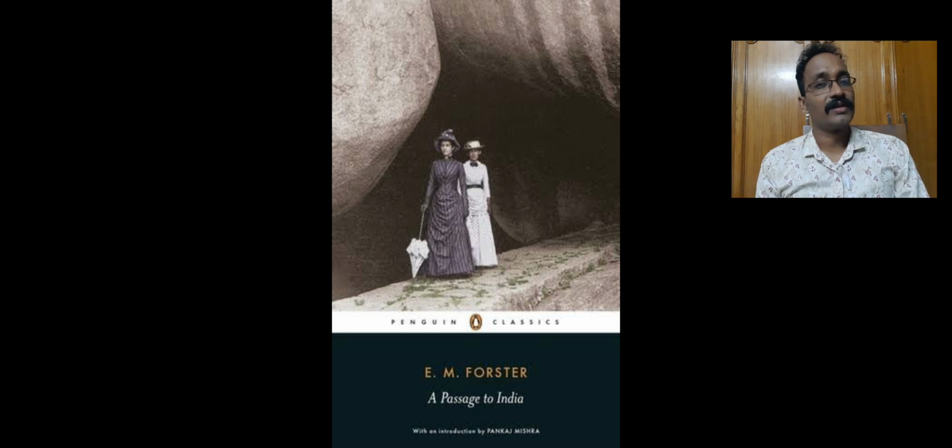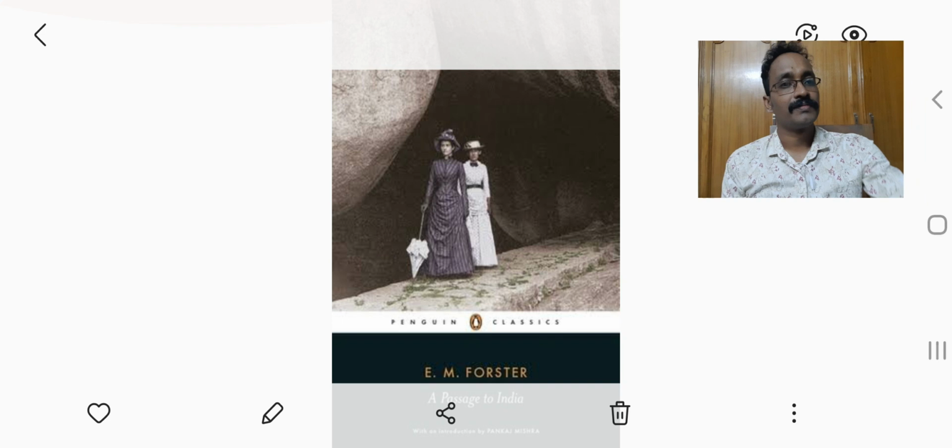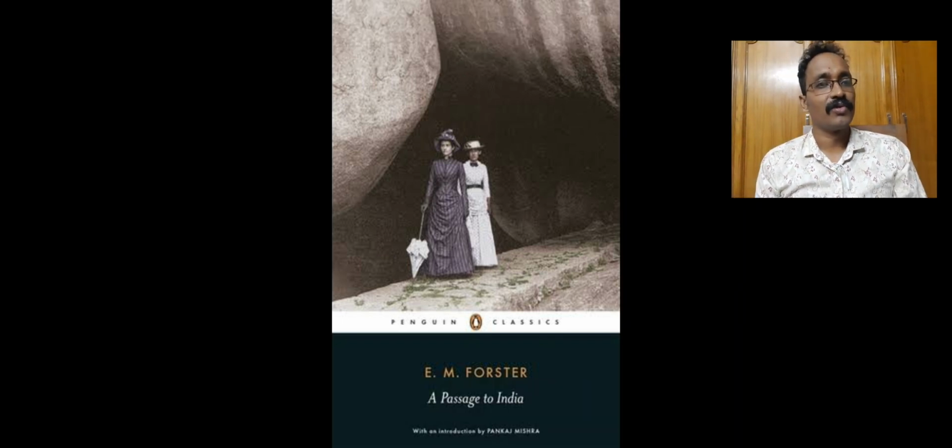In that incident, Adela Quested accused Aziz of molesting her, but from the description of the novel, we come to know that it is a complete hallucination, as the caves represent primitivism, and the people who go there cannot retain their normal sense, so they go back to the primitive old, and therefore the hallucination led Adela to accuse Aziz.